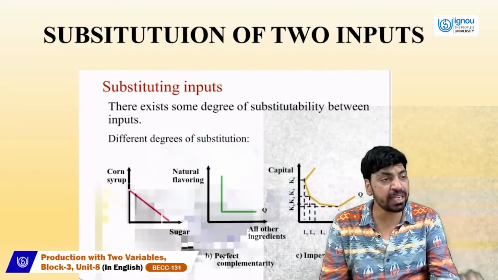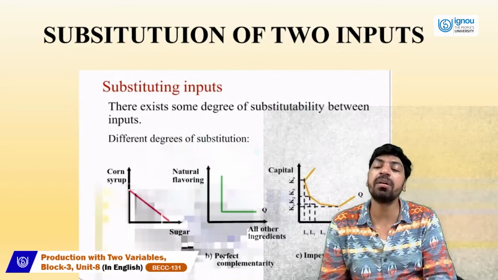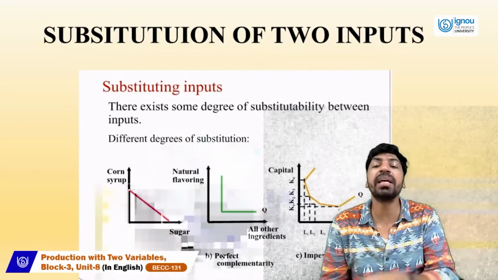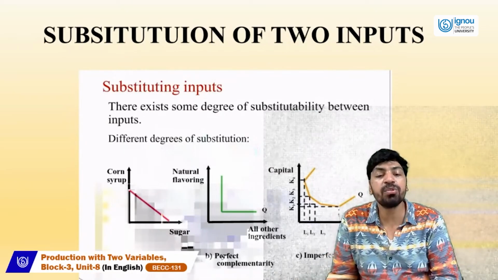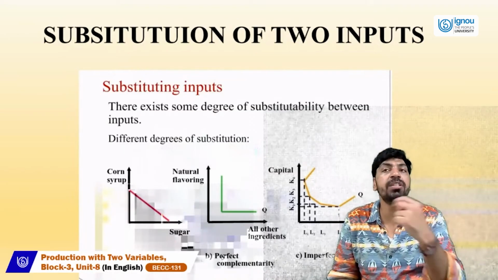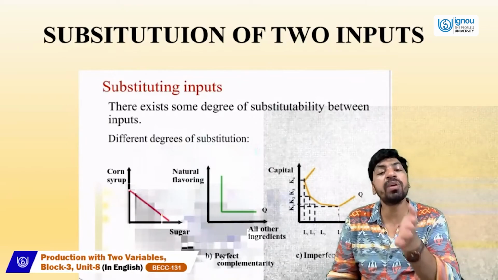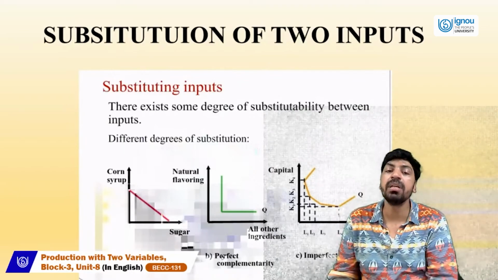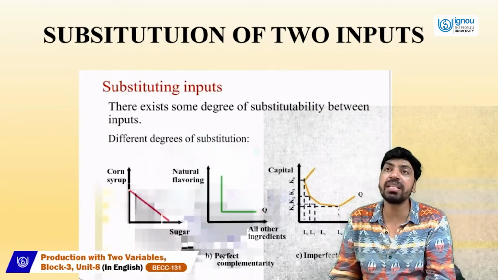If any change in capital is more than the change in labor, or any change in labor is less than or more than the change in capital, that's called imperfect substitution. When there is a 1% change in one input and automatically a 1% change in the other, that's called perfect substitution.